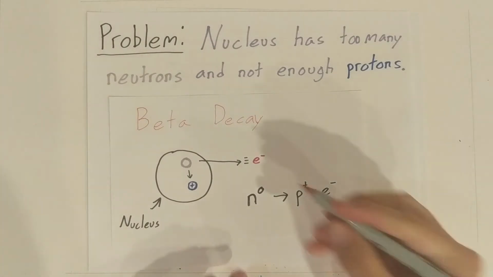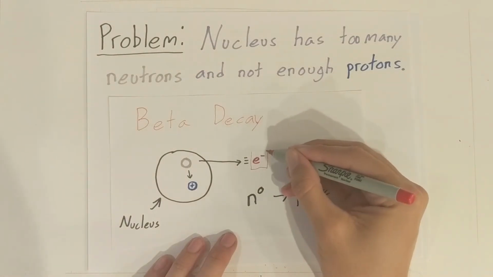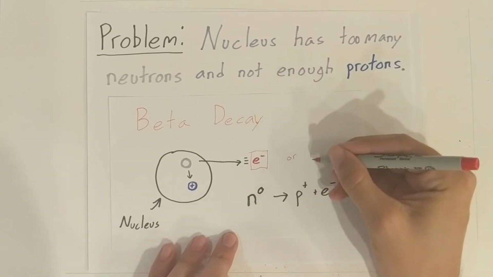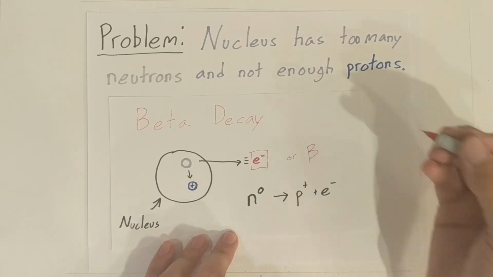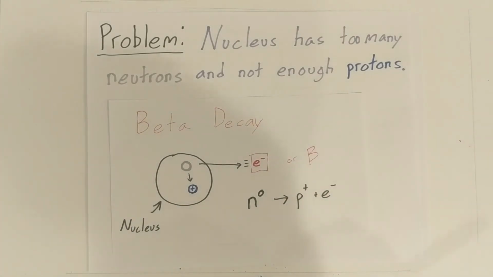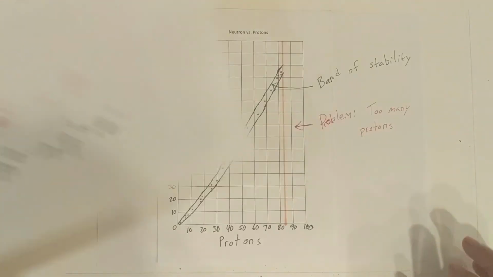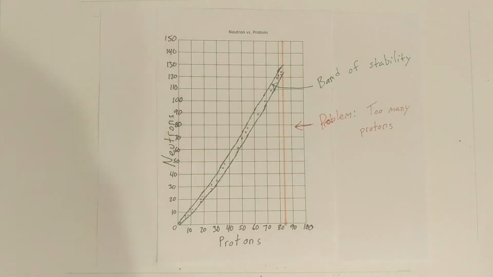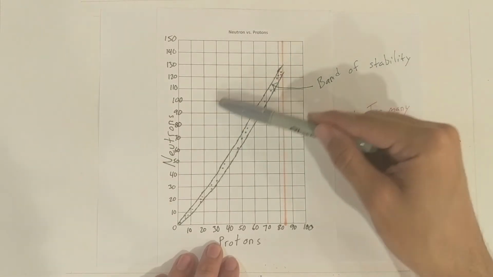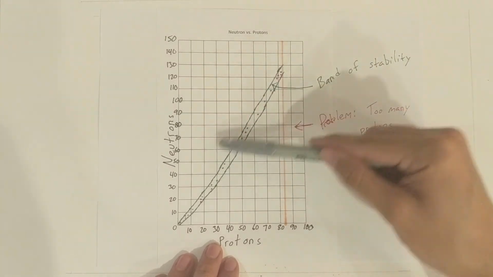So we write beta decay like this, or it can be written like that. And that would be if we had too many neutrons and not enough protons. So that would be if we fell on this part of our graph.